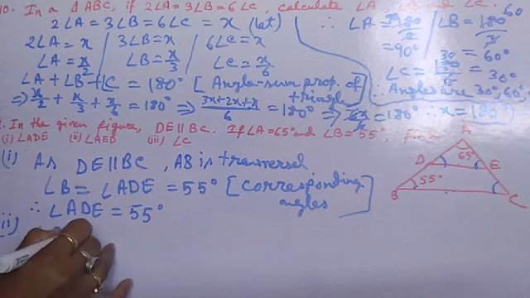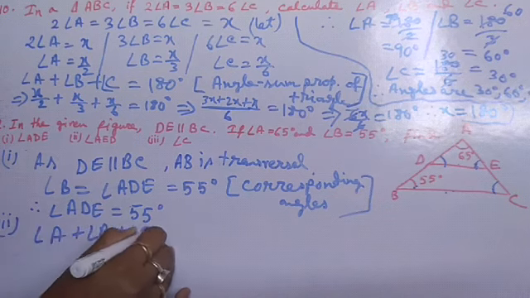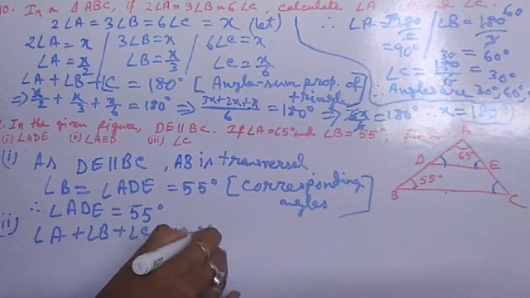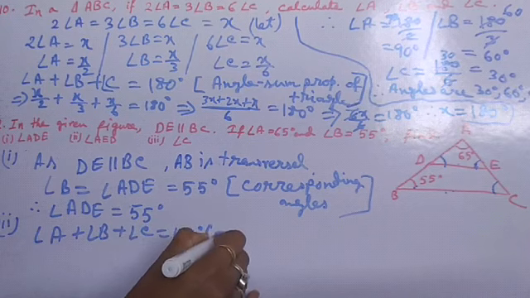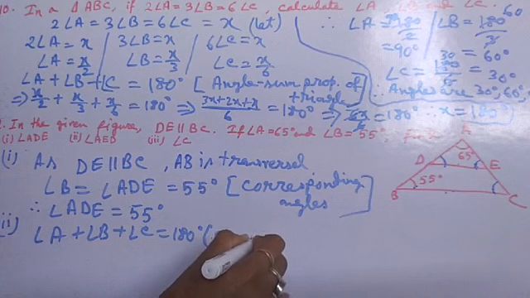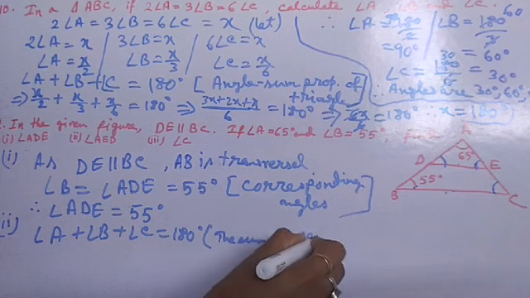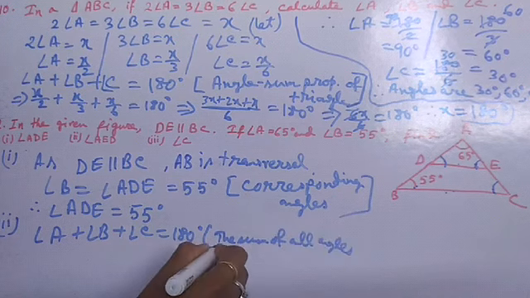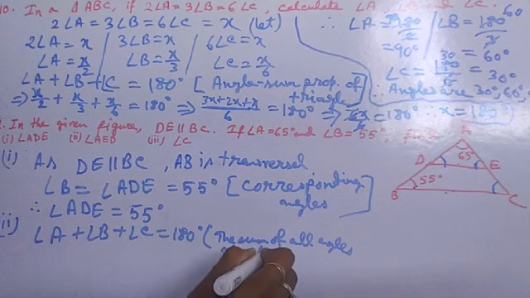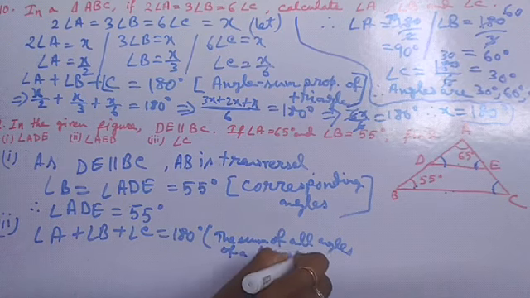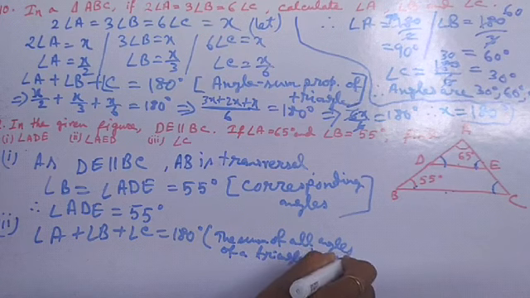So angle A plus angle B plus angle C equal to 180 degree. That is the angle sum property: the sum of all angles of a triangle is 180 degree.